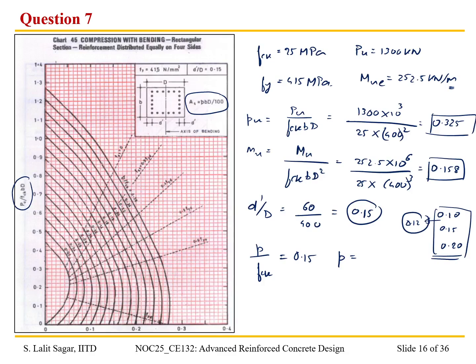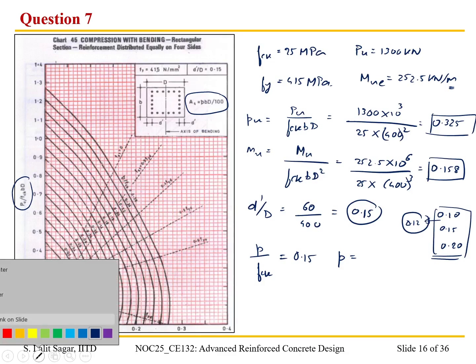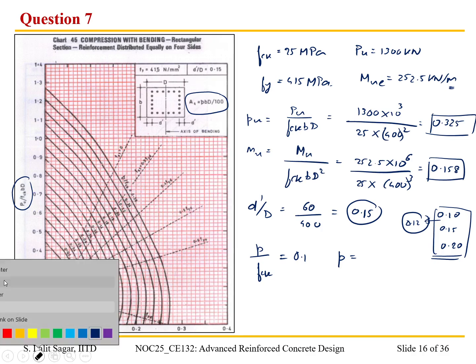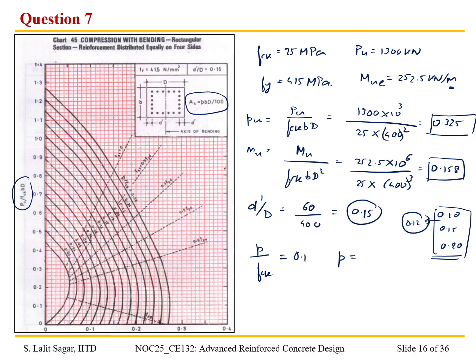I think I have taken up a value of 0.145, so we can consider this value of 0.145. 0.145 by 25, that is 3.625.